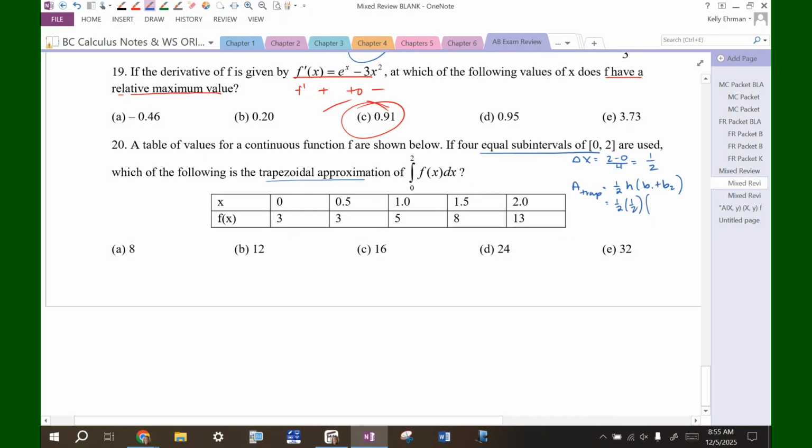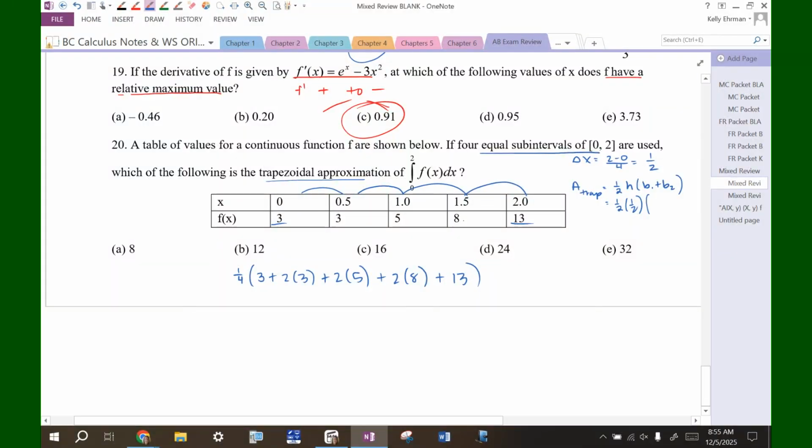And the sum of the bases will depend on which two you're going between. So it's going to be these two, and then these two, and then these two, and then these two. So it's going to be 1/4 times 3 plus, we're going to use this twice, plus use this twice. This one gets used twice. This one gets used once. The ends only get used once.